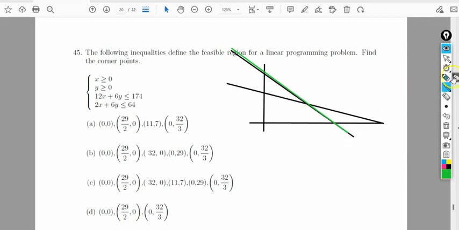Limited to the first quadrant. And then the second one, on and under, limited to the first quadrant.